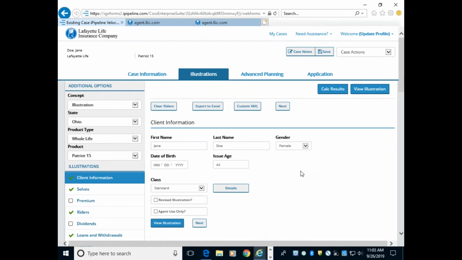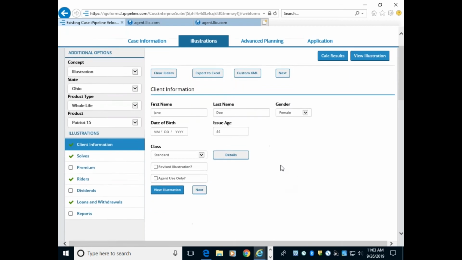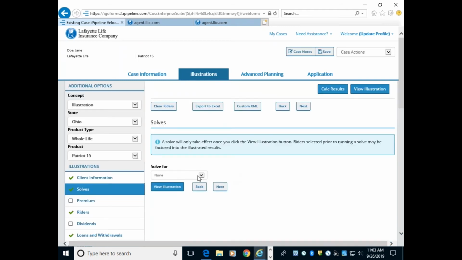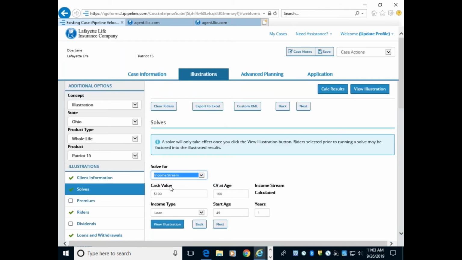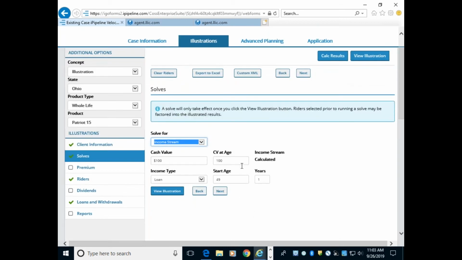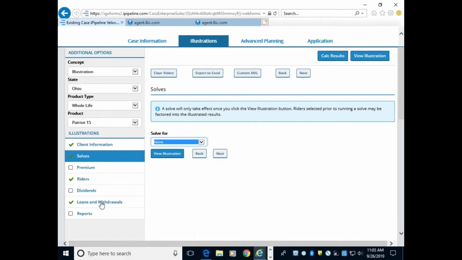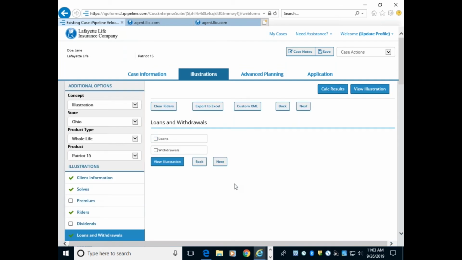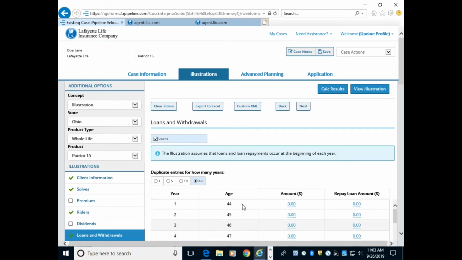So there are two ways to illustrate a loan. You can opt for the solve option, which will take you to the income stream solve and let you solve for the max amount of loan that would be available to the client. Alternatively, you can just skip right to the loans and withdrawals tab and manually enter an amount that you know the client wants to take.